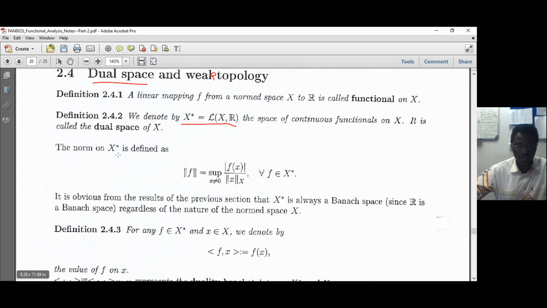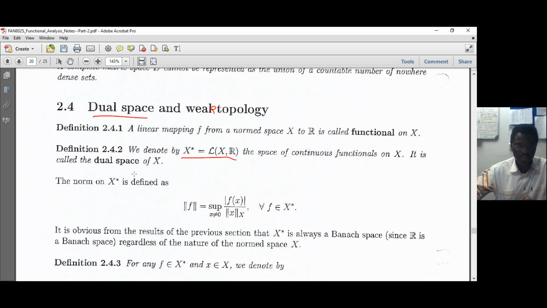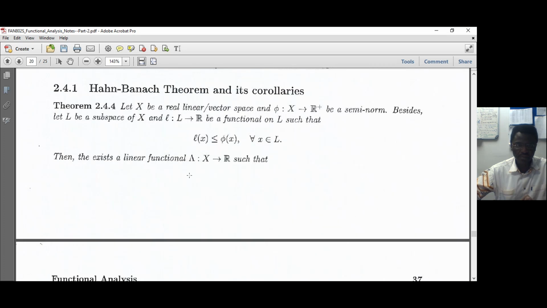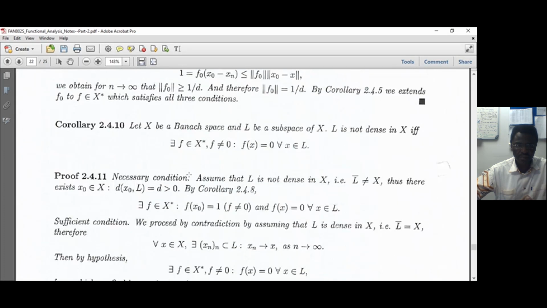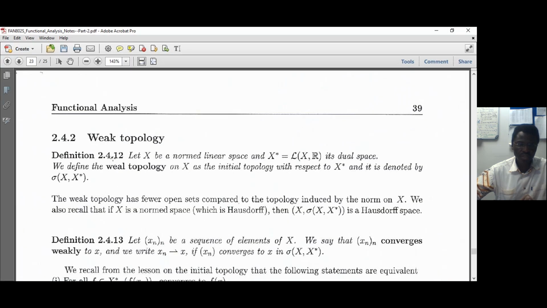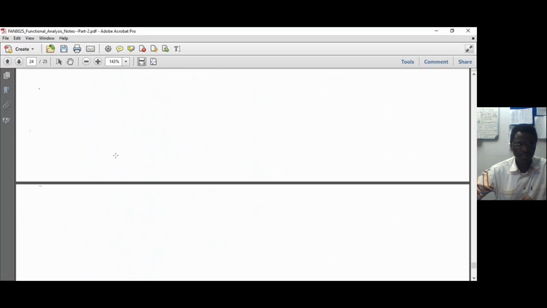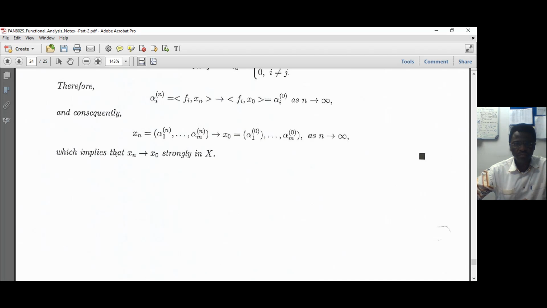Maybe tomorrow I will record another one on the dual space of the dual space and the weak topology. Banach theorem, okay, and its corollary. We quickly say something about that. So if we can finish the weak topology by the end of this week or somewhere at the beginning of next week, it will be enough for the program.